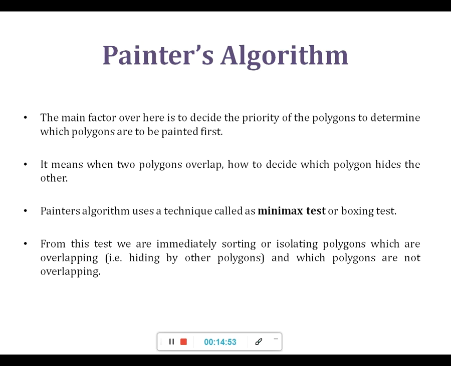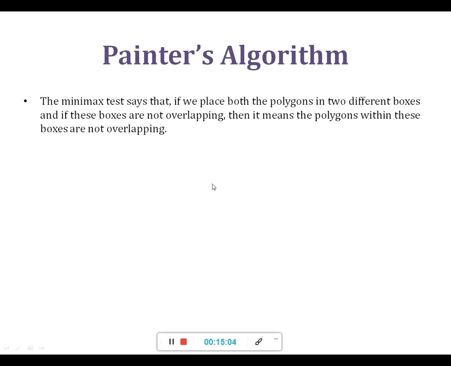So from this boxing test, or this minimax test, we come to know whether the polygons are overlapping or not. To make efficient use of this bounding box technique, whatever we are going to draw here must be as small as possible, while still containing the polygon.